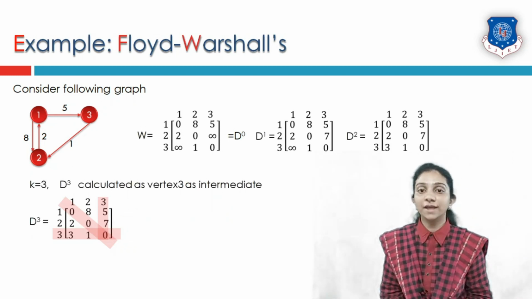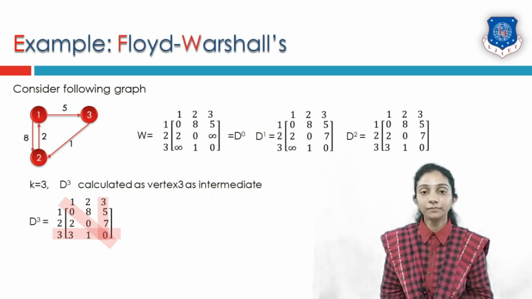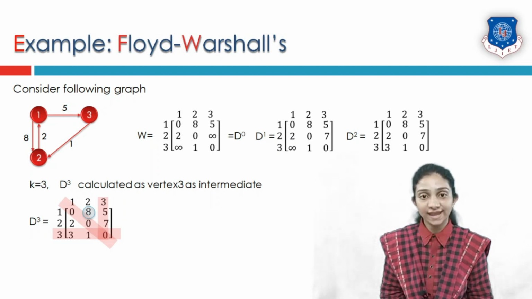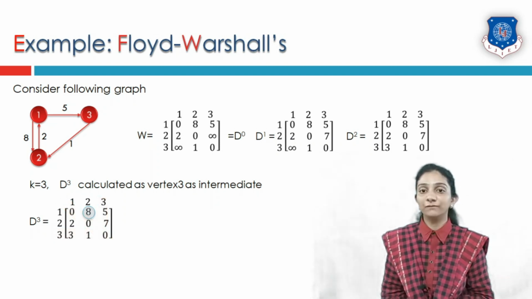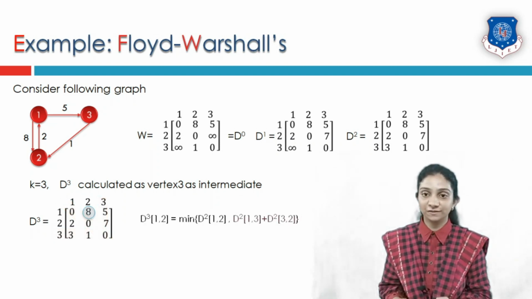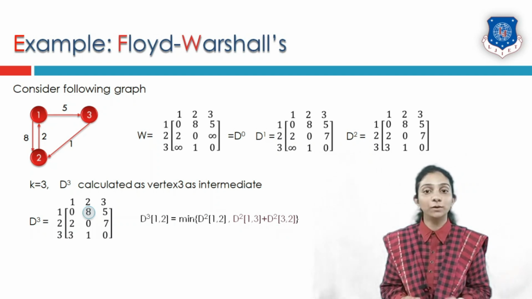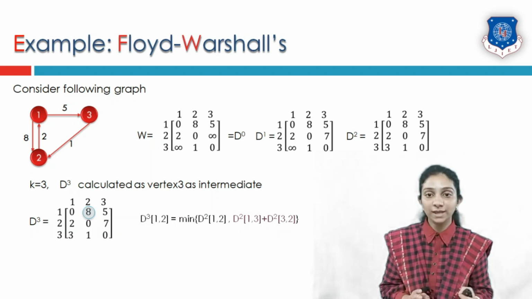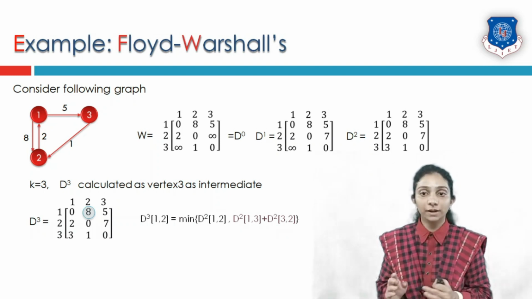Let us calculate them one by one. So cell number 1, 2 is having value 8. So minimum value will be considered. First option is 8 itself, that is cell number 1, 2 itself, and second option can be 1, 3 plus 3, 2.